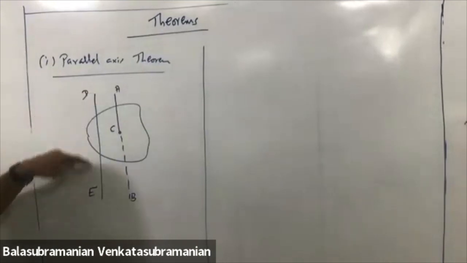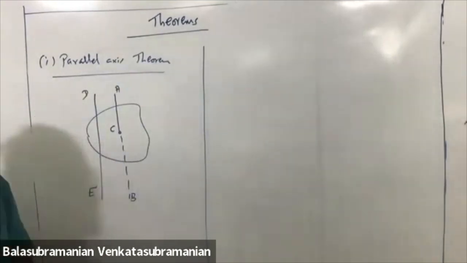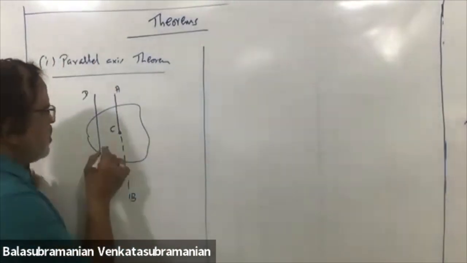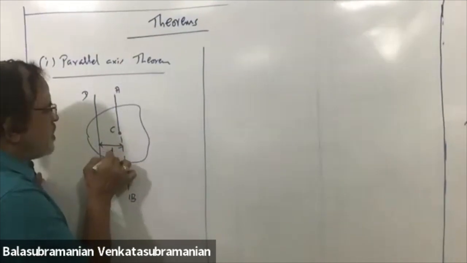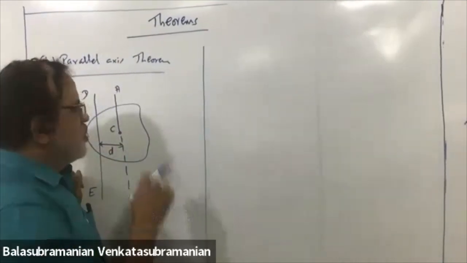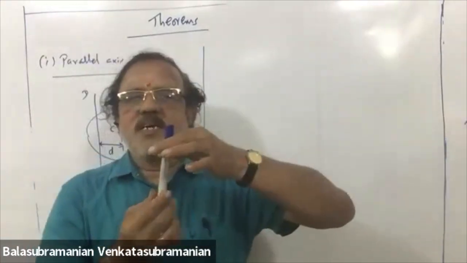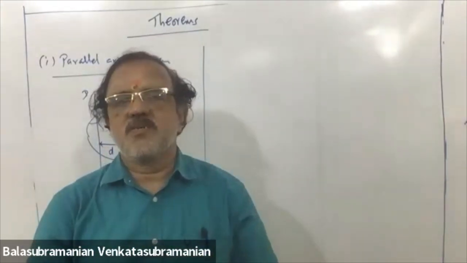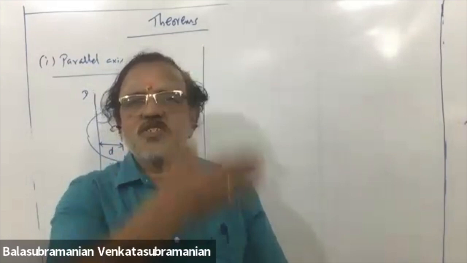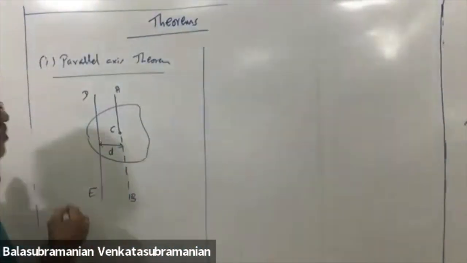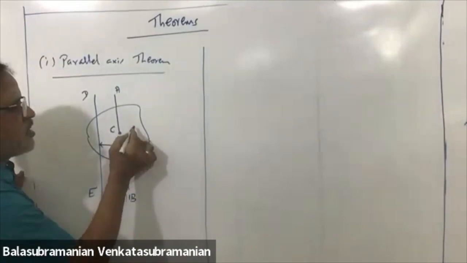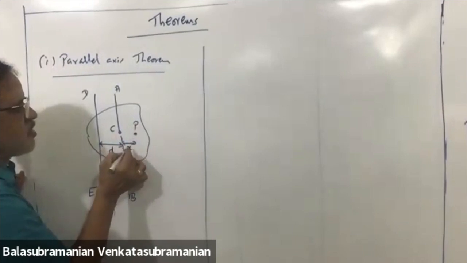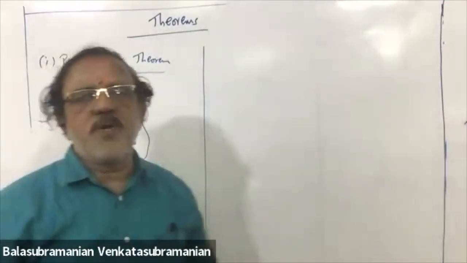We have to calculate moment of inertia for this parallel axis by your parallel axis theorem. The distance between the two axes, you call it as d. Through the center of mass, surrounding it there are so many particles at different distances from the axis you are considering. You consider one particle here, which is at a distance of x from the center of mass point.